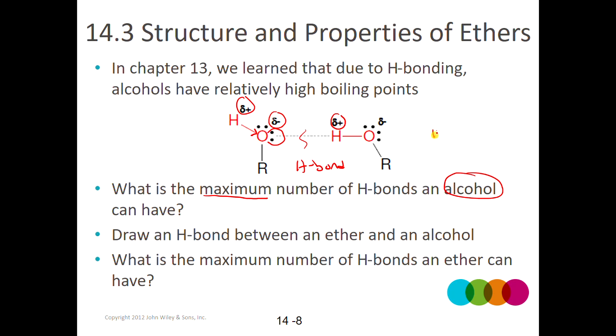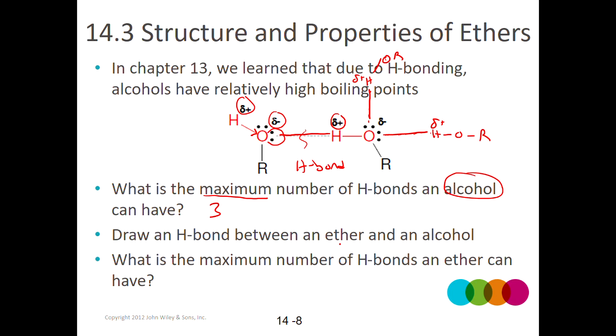If a neighboring alcohol group with a large partial positive came over and aligned there, it could form a nice attraction, and likewise with a large partial positive here, it could form a nice attraction to that lone pair. So one single alcohol molecule could have up to 1, 2, 3 hydrogen bonds.